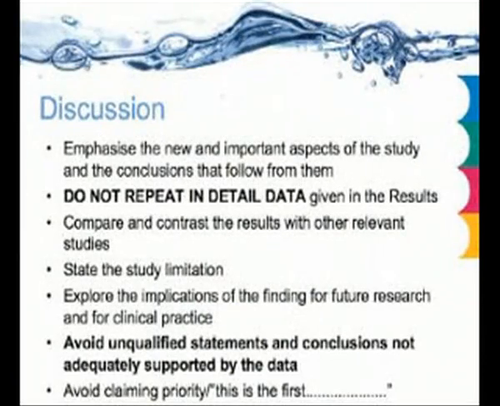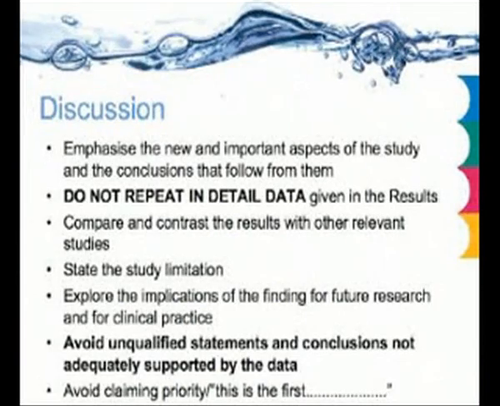Your discussion section, you should emphasize the new and important aspects of the study and the conclusions that follow on. Biggest mistake that people make whenever they start writing papers is they repeat the results section. The first page or two of the discussion is the data duplicated.